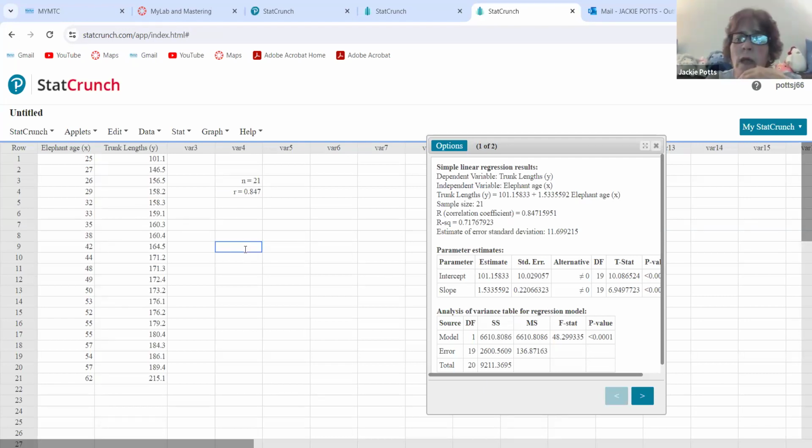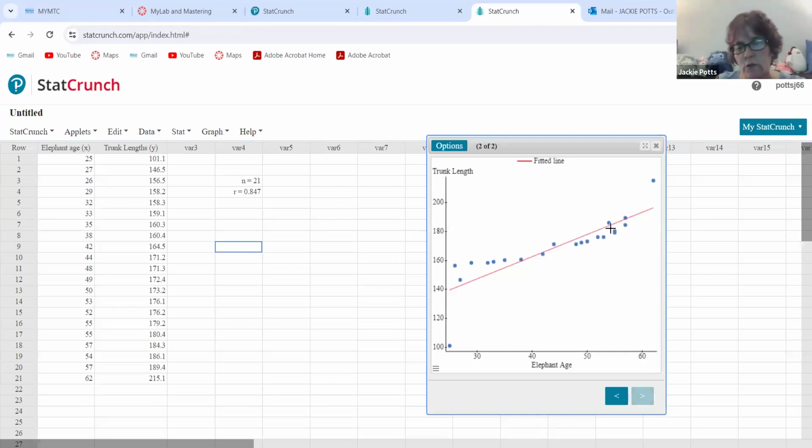Okay. Now 0.847 doesn't seem bad, does it? And if I was just looking at the picture, I'd say we got a decent linear line, don't you? It's not perfect. But looky here. We have an outlier. I can tell you that right now. We have another outlier.